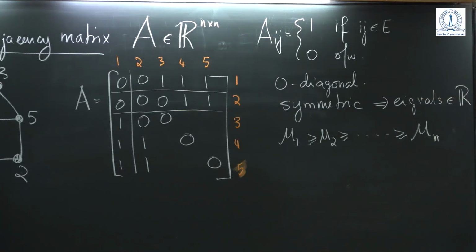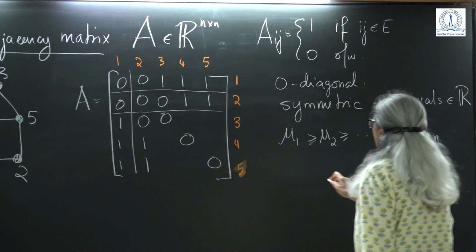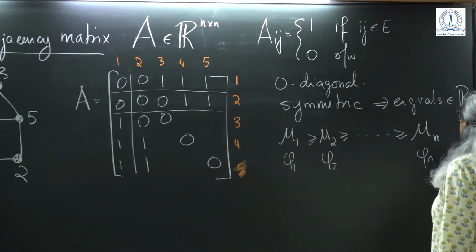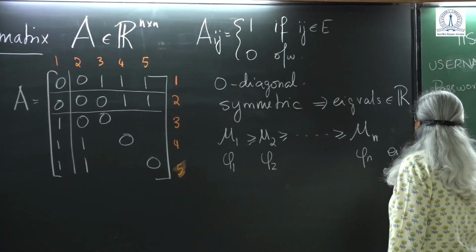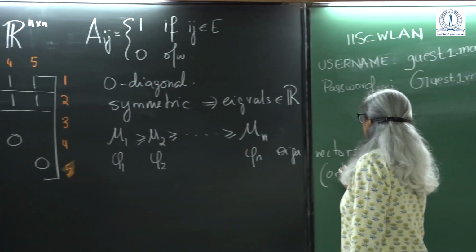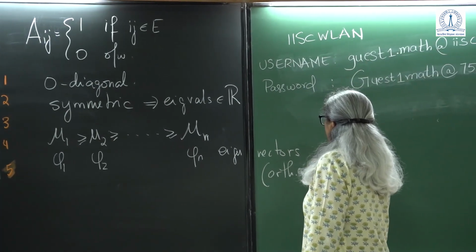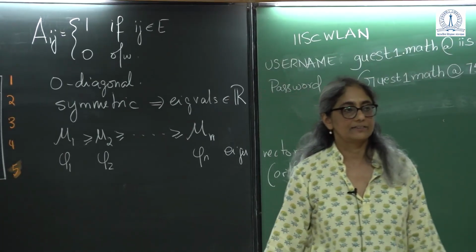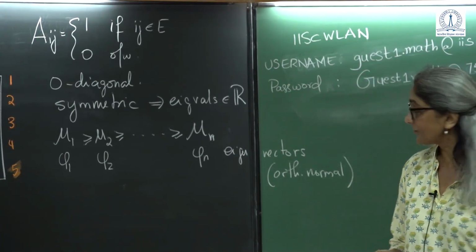So all of these things come from being symmetric. So let's call the eigenvectors phi1, phi2 up to phi(n). And these we can assume are orthonormal. So they have norm 1 and they are mutually orthogonal. Okay? So eigenvectors, we will always denote them as phi1.